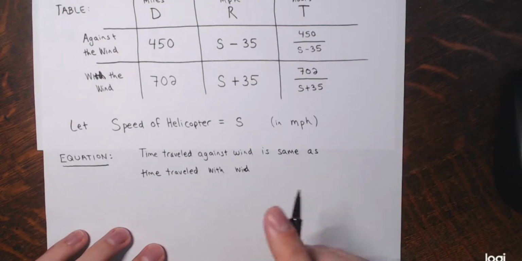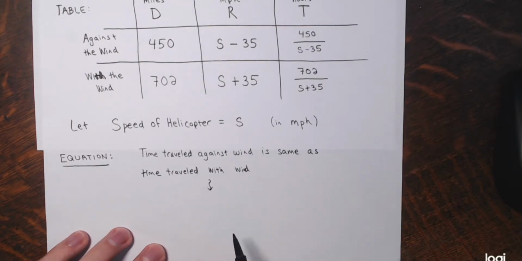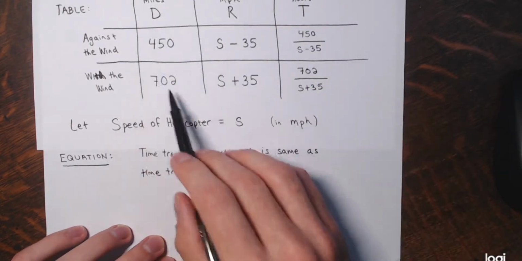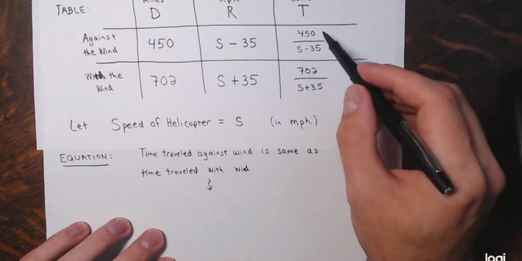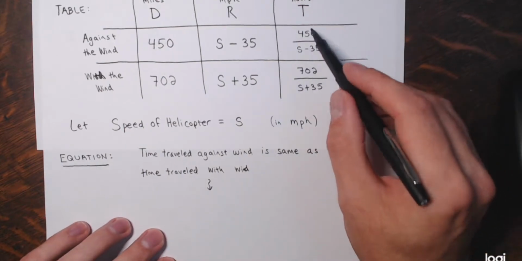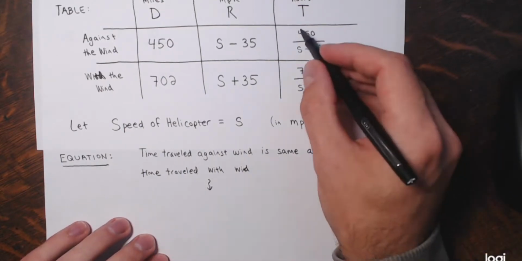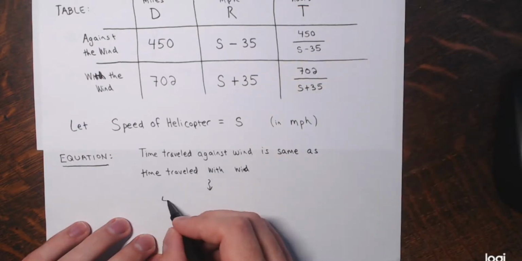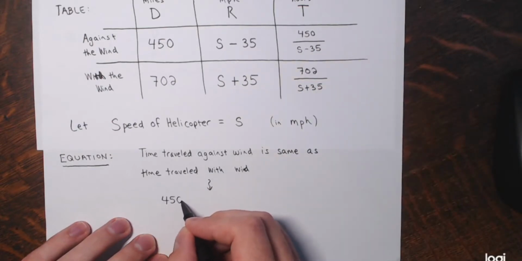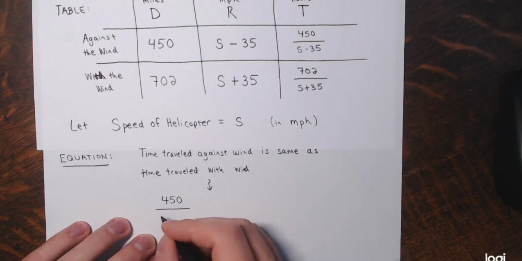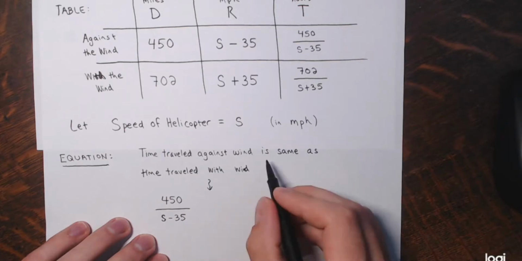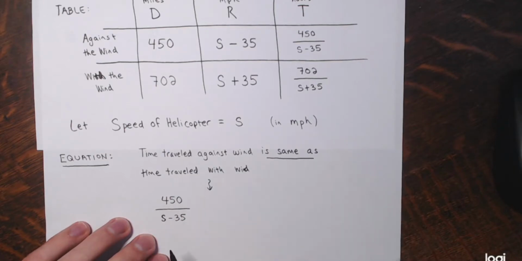Right. So that leads me to this equation here. I look at my chart, my table, and the time traveled against the wind was this expression, the 450 divided by s minus 35. And this is the same as, right?